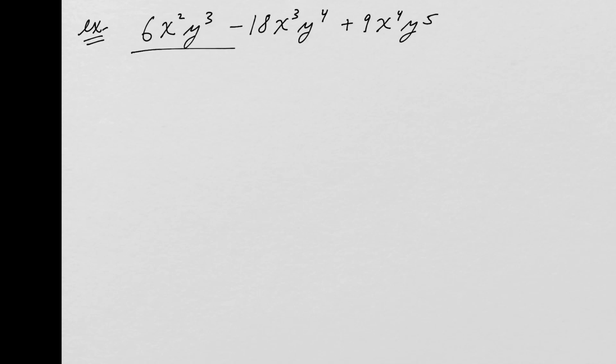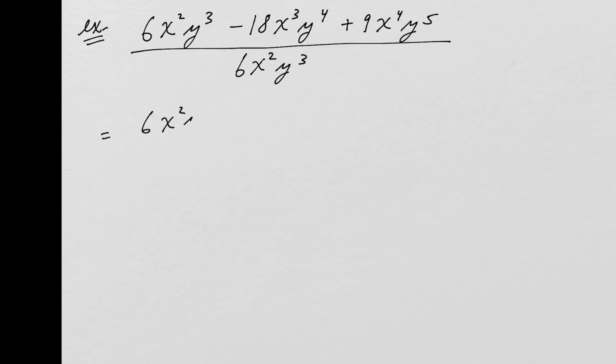Okay, let's say I have 6x squared y cubed minus 18x cubed y to the fourth plus 9x to the fourth y to the fifth, all over 6x squared y to the third. All right, so I'm going to rewrite this, I'm going to split it up.